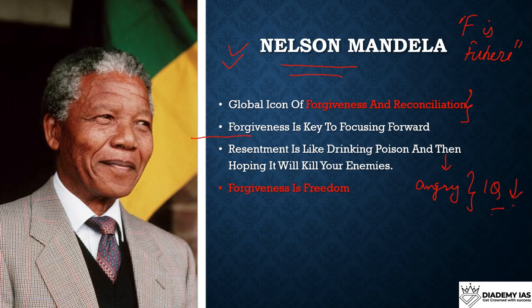So basically, what are you doing? You're harming yourself. You're creating stress in your body. So this is justified, right? Basically, forgiveness is future, and forgiveness is freedom. Freedom from stress.